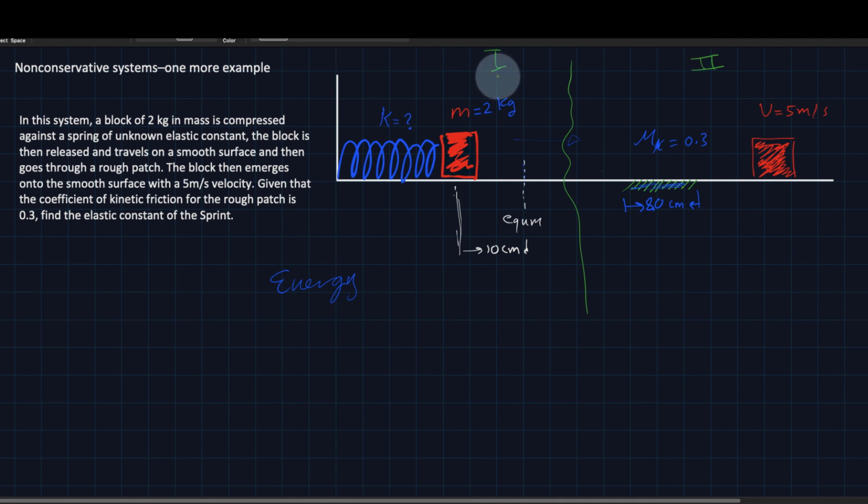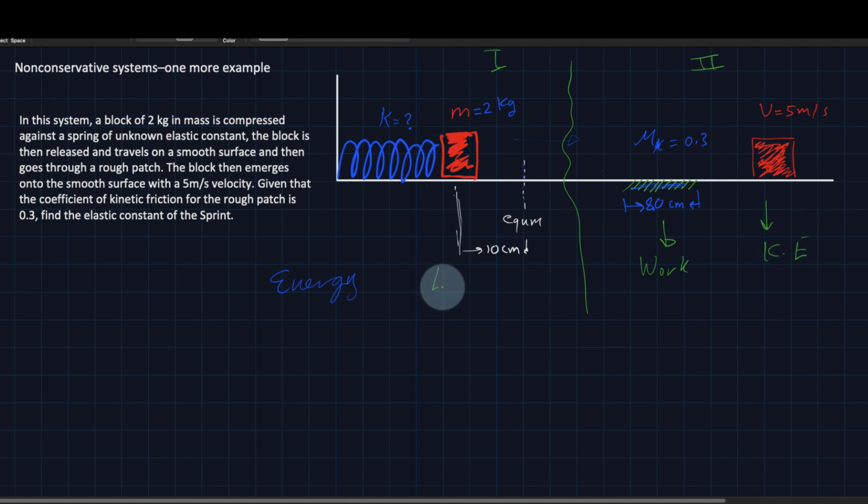In segment 1, the object has energy called potential energy, and this is elastic potential energy, okay? All this object's energy, once released, is transformed into energy to overcome friction, or work of friction, and the rest of it is going to remain as kinetic energy, okay?